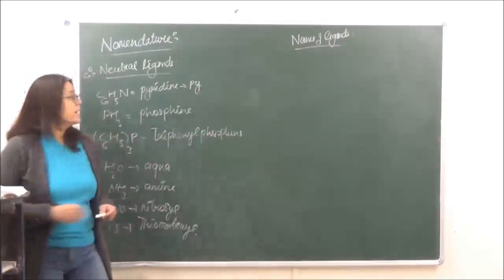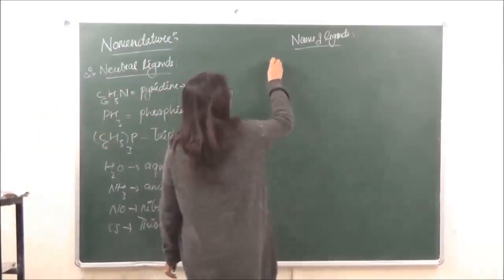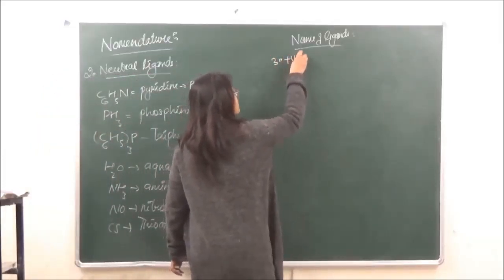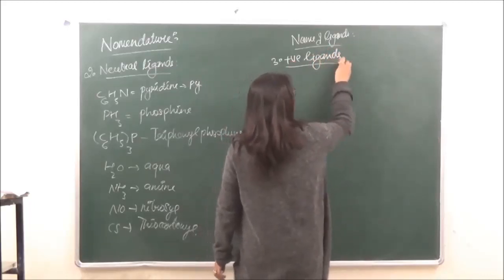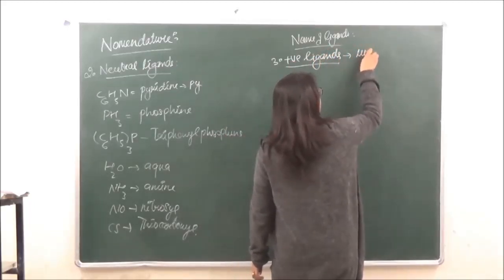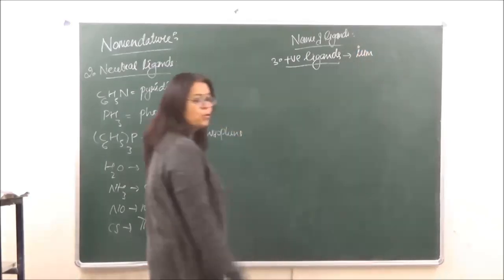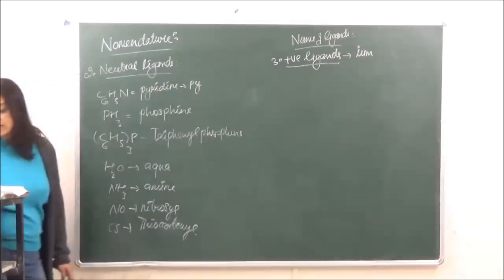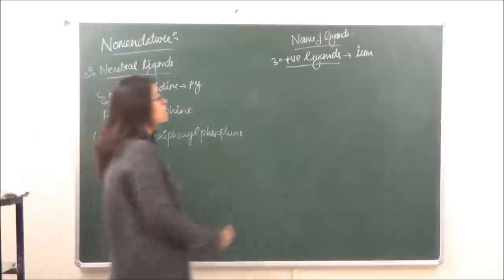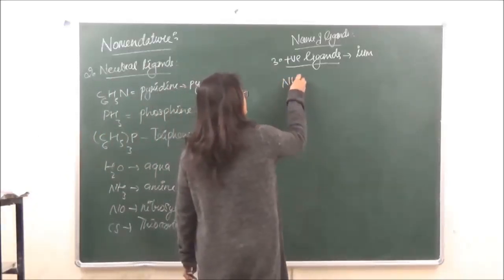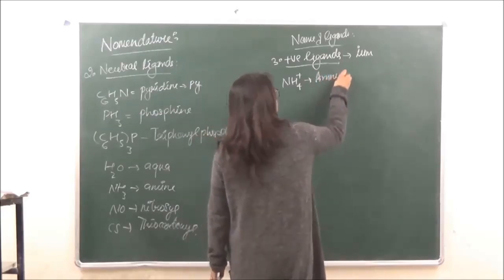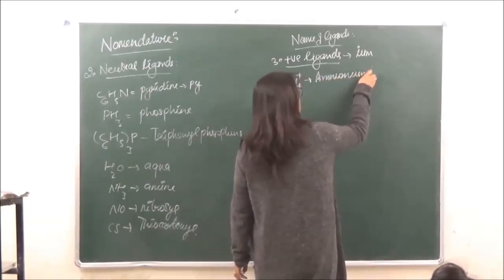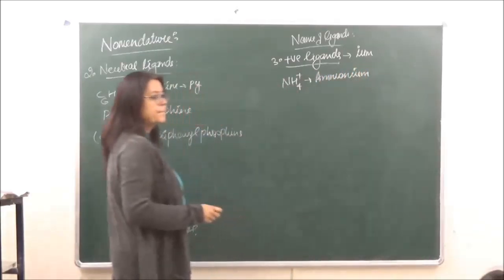So positive ligands, the third type of ligands, end in -ium, I-U-M. Okay. For example, we have NH4 positive. This is known as ammonium.